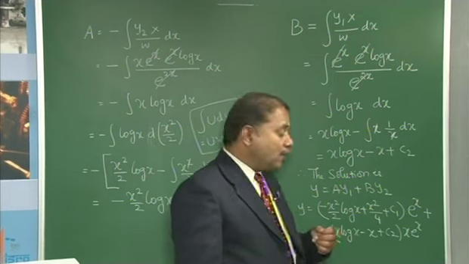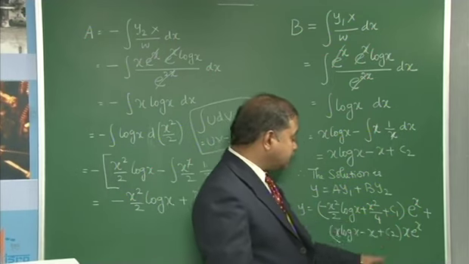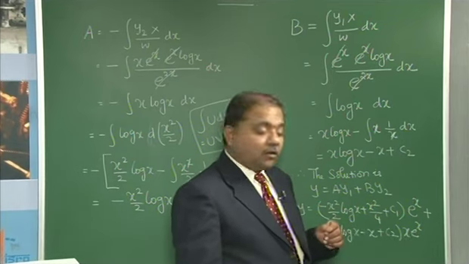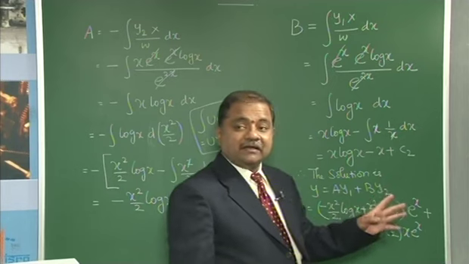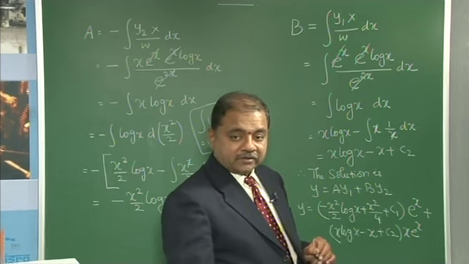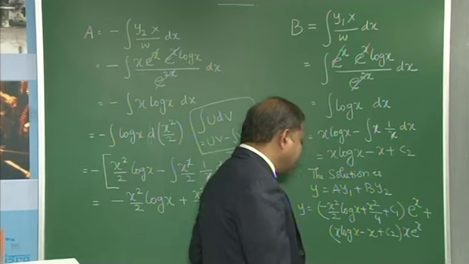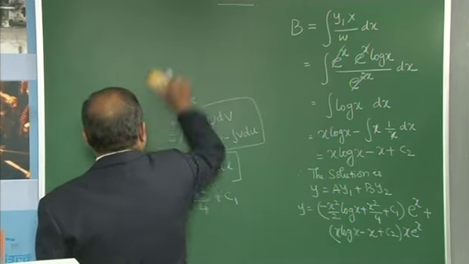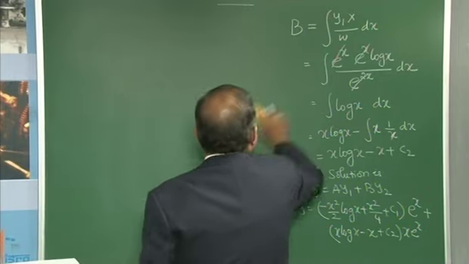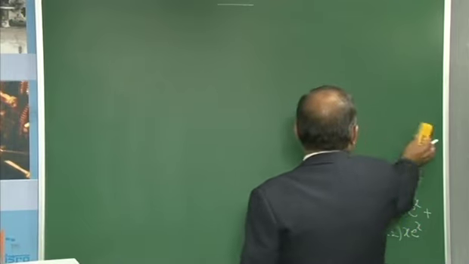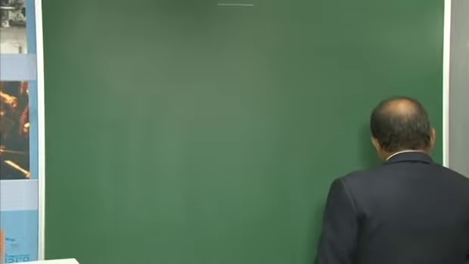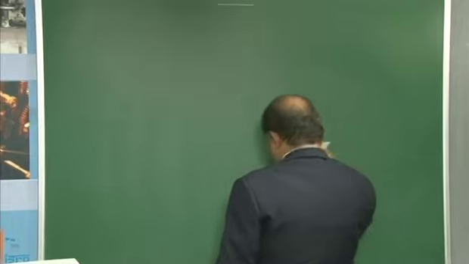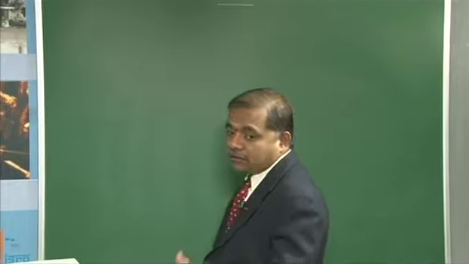What is your CF? It is c1 e^x and c2 x e^x. The other part is called the particular integral. So we are finding the particular integral in a different direction using the variation of parameters method. In the last class it was for trigonometric ratios, now we have seen logarithmic.